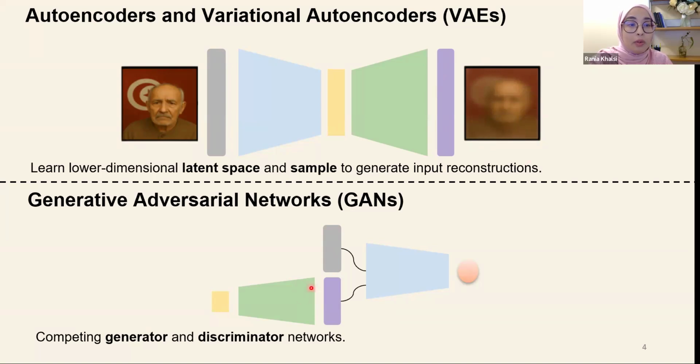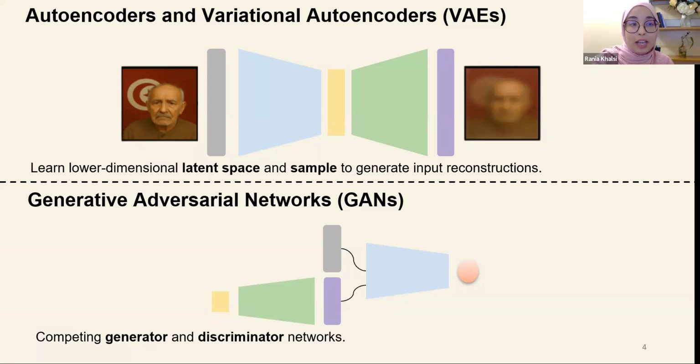Okay, so now we have a different structure, and thanks to the generator and discriminator architecture, GANs are sharper. They output high fidelity samples, and this is what we will see. Also, what I want to say is that this competition between the generator and discriminator networks in GANs laid the foundation of today's powerful generative methods.